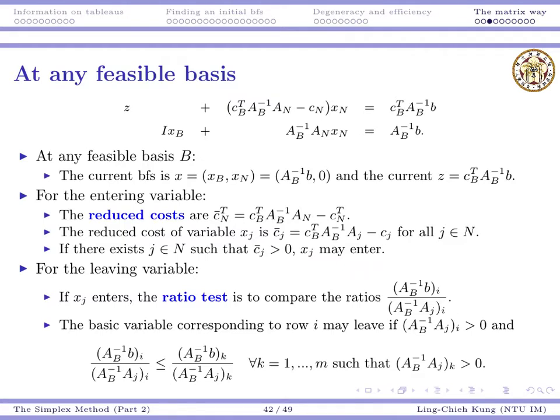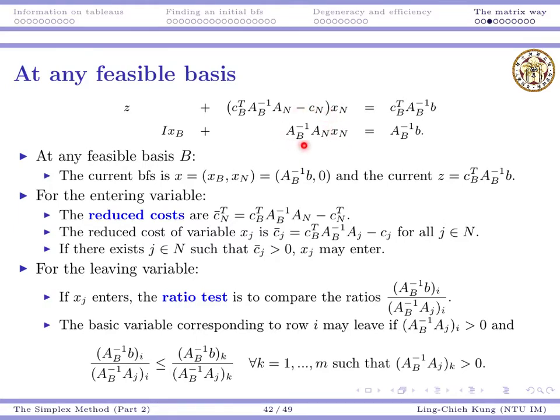For the leaving variable, if we say xj enters, then the ratio test is to take the right hand side vector and one basic column. The column under the entering variable.